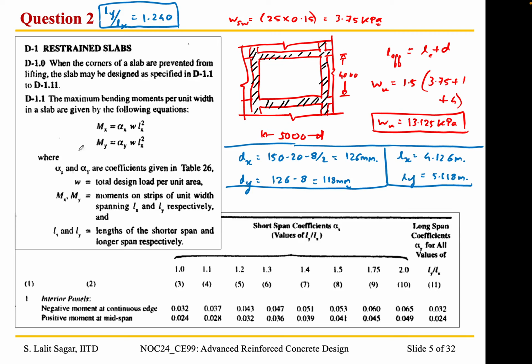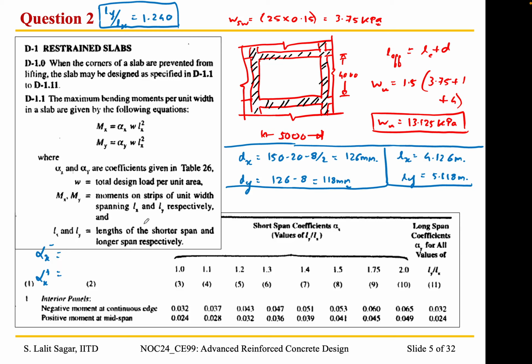For this we have to interpolate between these two values, 1.2 and 1.3, for the shorter span coefficients. I am going to consider that as alpha x negative and alpha x positive. The first value would be alpha x negative, the second one alpha x positive.